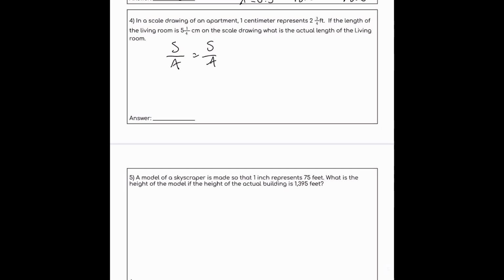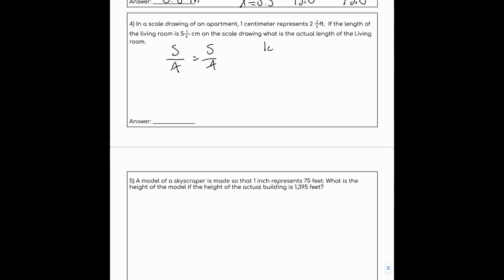All right, so the scale factor in this case is 1 centimeter. Obviously, I'm going to put that for the scale, and the actual representation is 2 3/4 feet equals, if the length of the room is 5 1/4 centimeters on the scale drawing, so that's centimeters, is going to go up top because it's a scale drawing. We need to find the actual length.